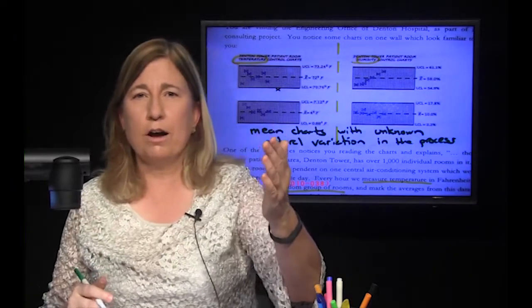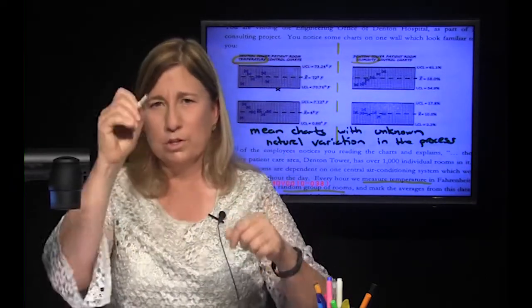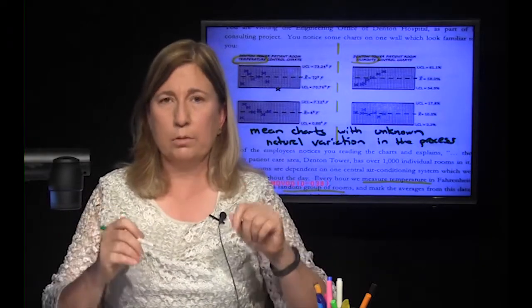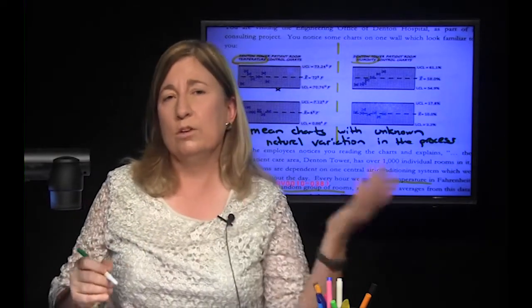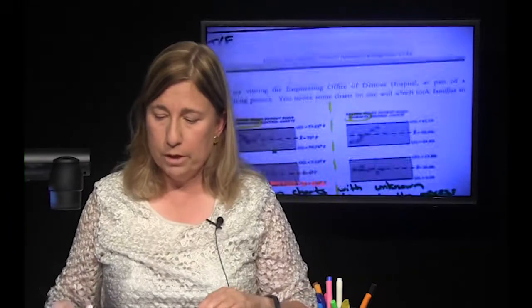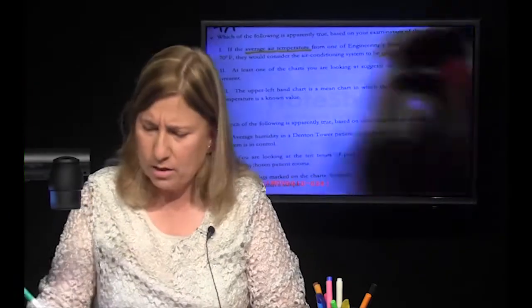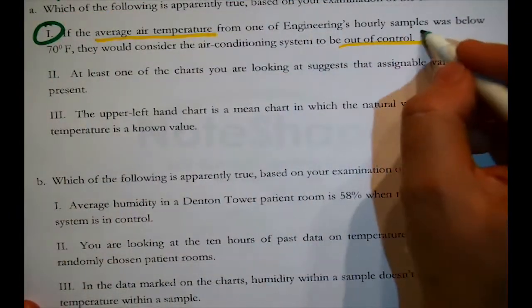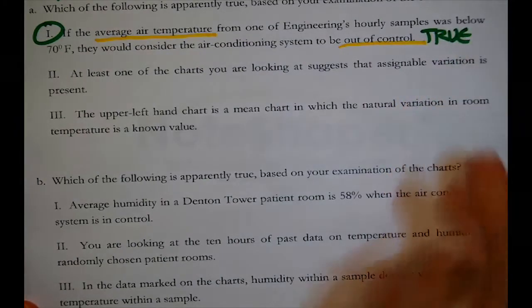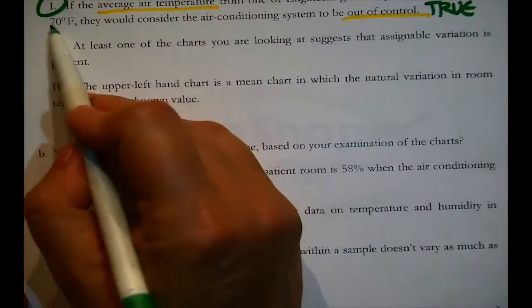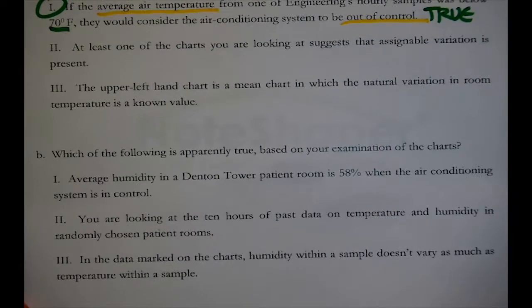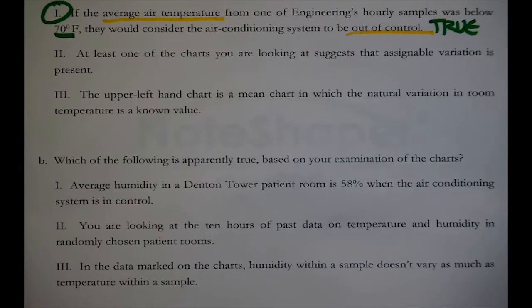That's your signal for out of control. If one of your observations falls outside of the limit, you say, assignable variation, something must be wrong. We need to react to that and find out what the problem is. So yes, I agree with this. This is true, because if you marked that bit of data, it would be outside the limits of that chart.